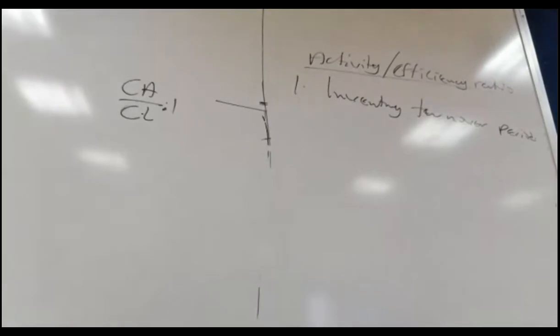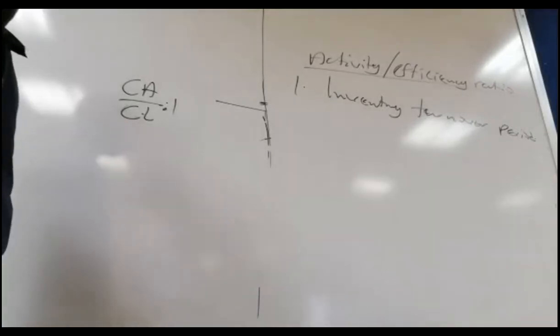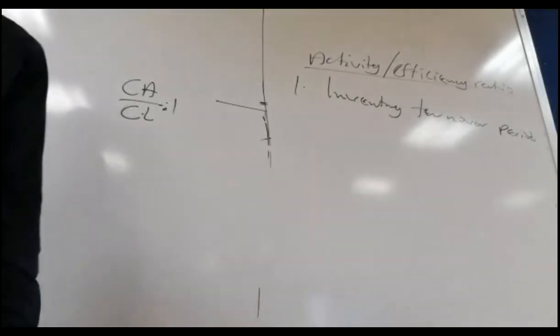When you acquire your goods on credit, how long does it take you to sell after purchases? So the duration that it takes you to sell, or how long it takes you to replenish your stock, replace the stock, or the number of times you go to the market.